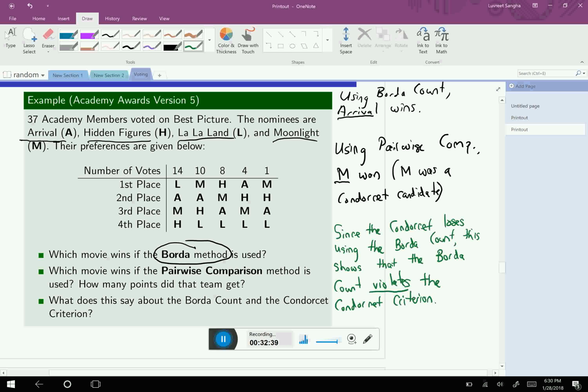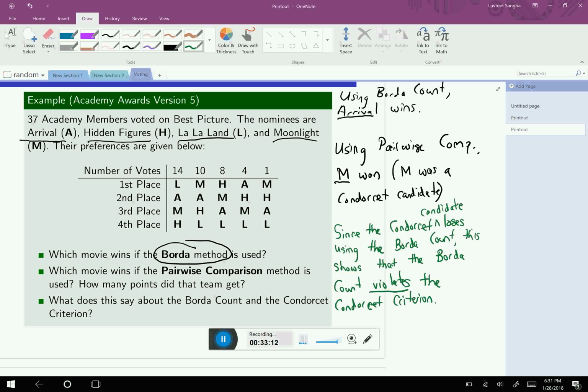So again, remember that if we want to show that a voting method violates the Condorcet criterion, we just have to find one example where a Condorcet candidate, sorry, I just realized that I forgot to write candidate here. Let me just add that in. Since the Condorcet candidate loses. So remember, we just need to find one example where the Condorcet candidate loses.